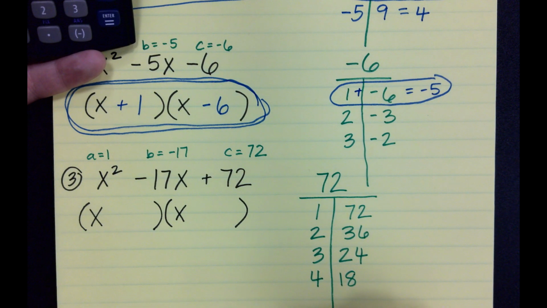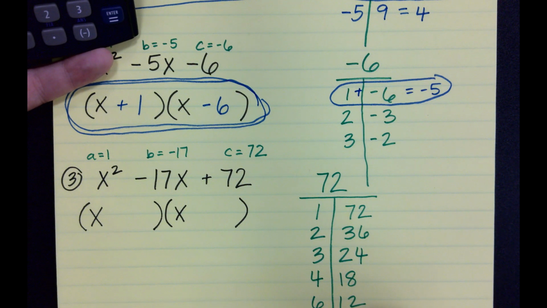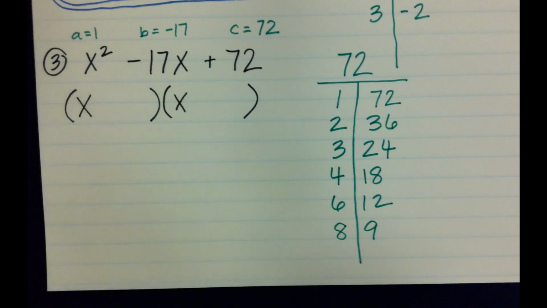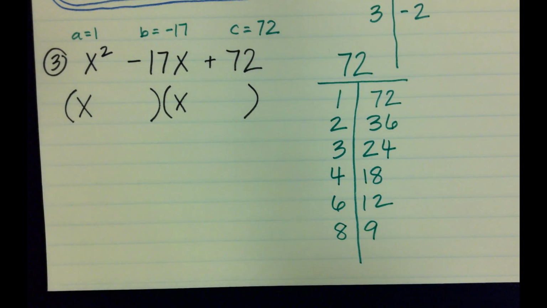Can we do 5? I don't think we can. 6? 6 times 12. Can we do 7? No. Can we do 8? 8 times 9. If we move to the next number, which would be 9, we'd do 9 times 8. We already have 8 and 9, so we're going to stop there.